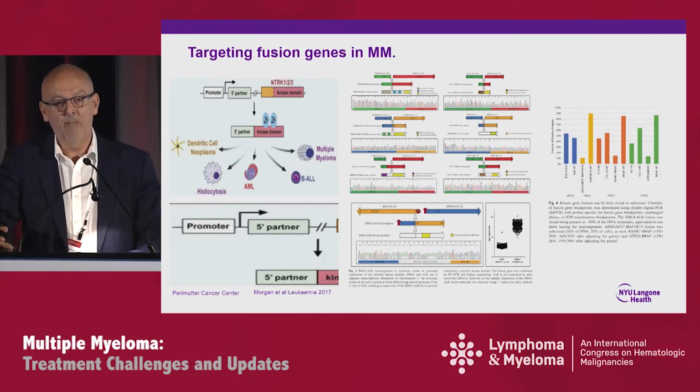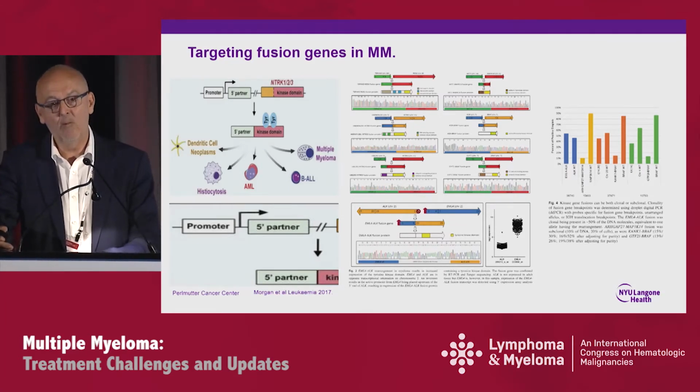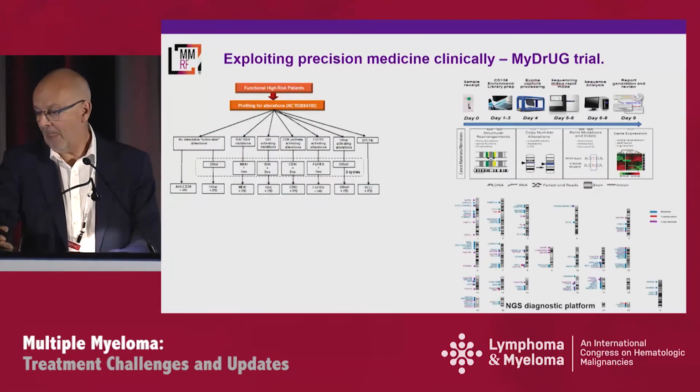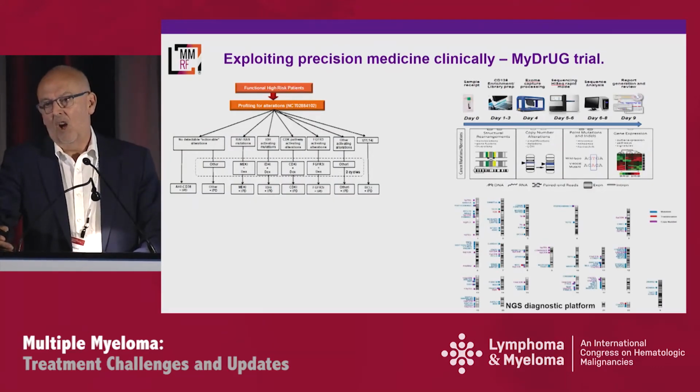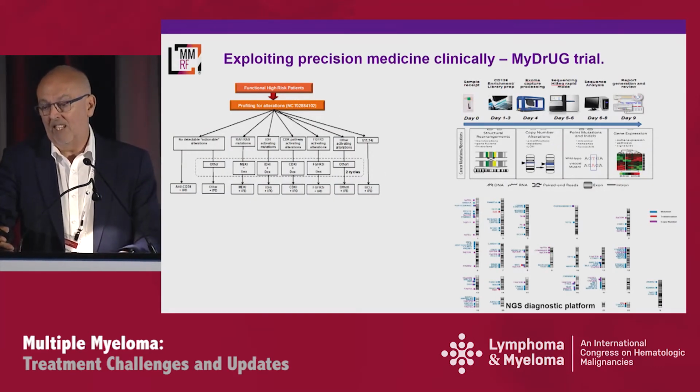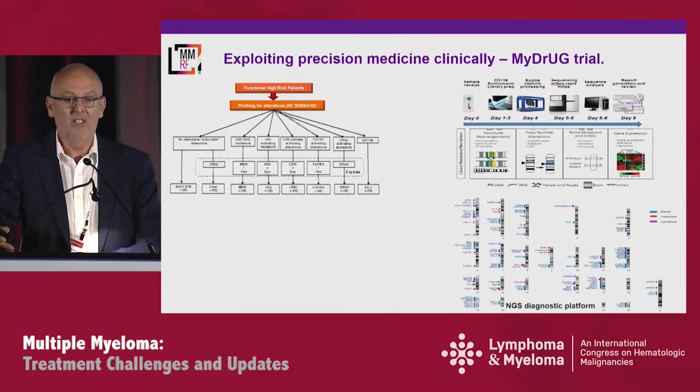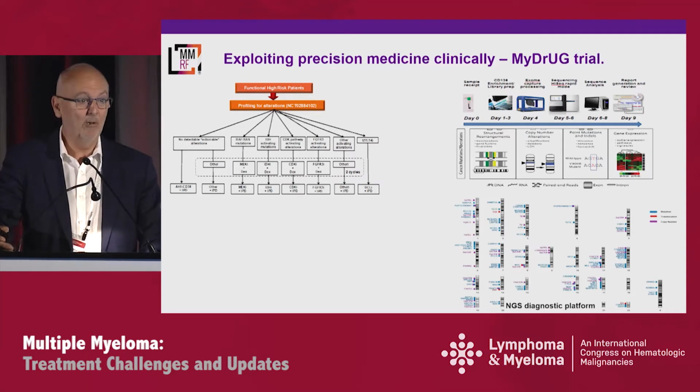And again, the prediction would be if NTRK is deregulated in myeloma, it would be likely that they would respond to that as a therapy. And so I think this makes the case that you do need to do deep sequencing. Do you need to deep sequence the whole genome?